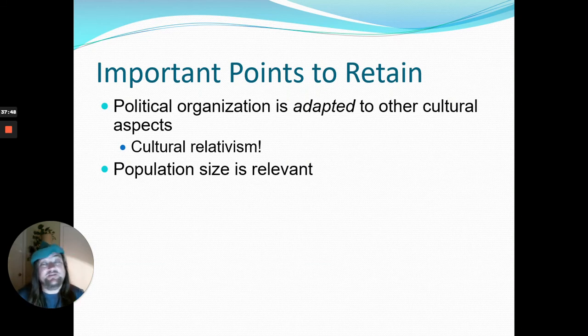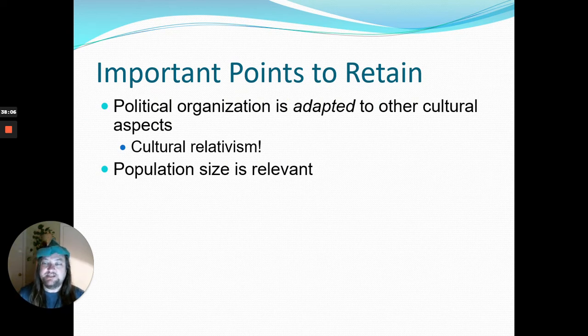Population size is relevant. As we saw, when we look at those differences between uncentralized and centralized systems, societies that have had uncentralized systems tended to be significantly smaller in population than the centralized ones. It's not the only factor, right?